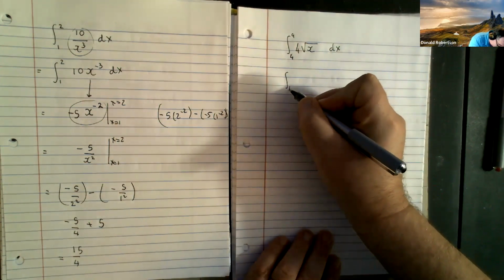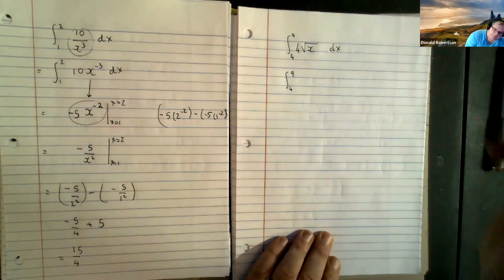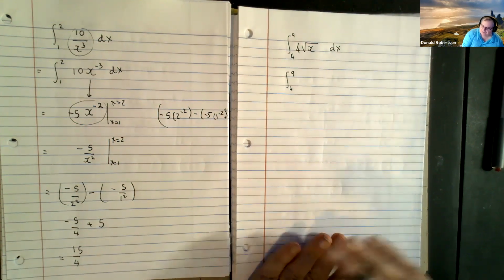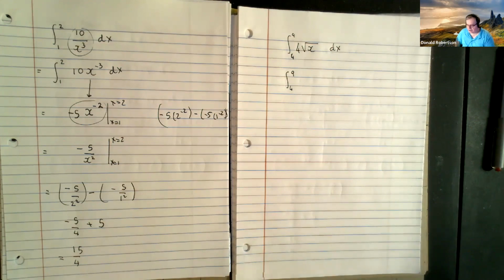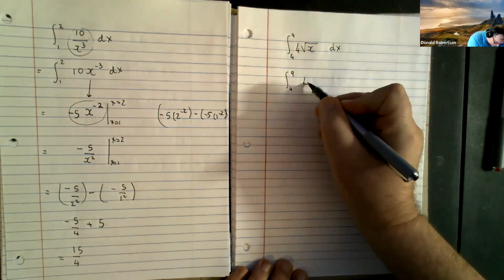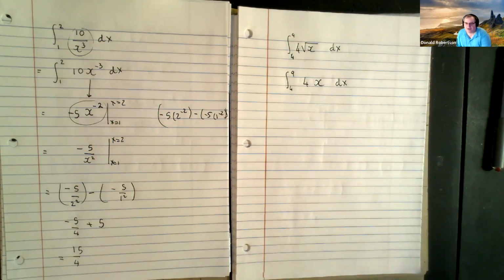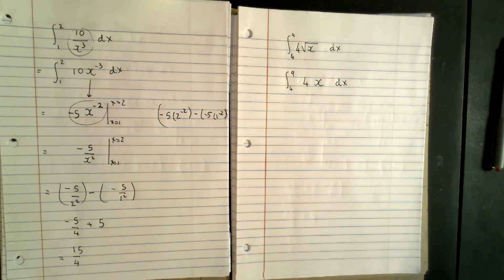Well, I have to find a way to write the square root of x as a power of x. It's actually going to be a fractional power of x. What is the fractional power of x that the square root of x would become? 1/2.